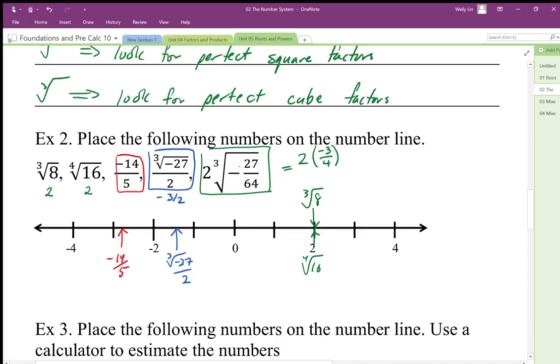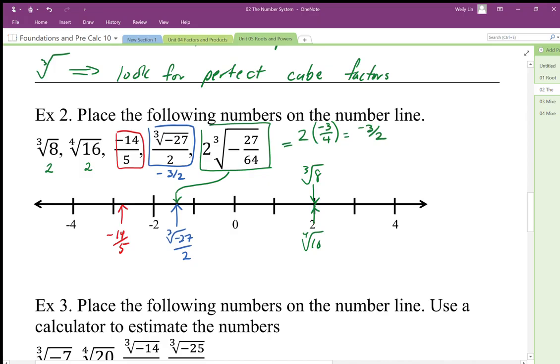I'm just going to put it with the top. I made that negative 27 cube root, 64 cube root. That works out to be negative 3 over 4. We can simplify that fraction, and that becomes negative 3 over 2. Okay, so that's going to be in the same spot. I'll just put an arrow there.